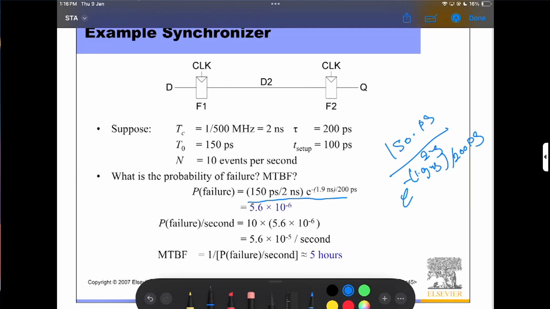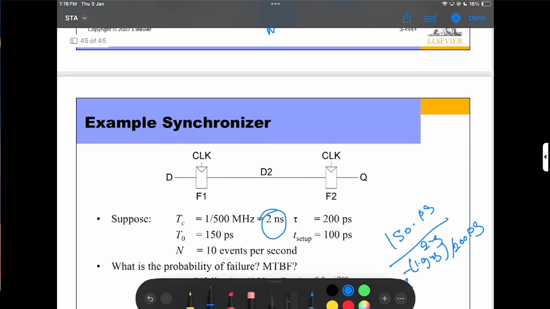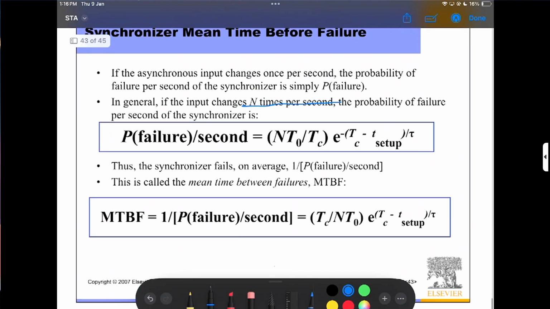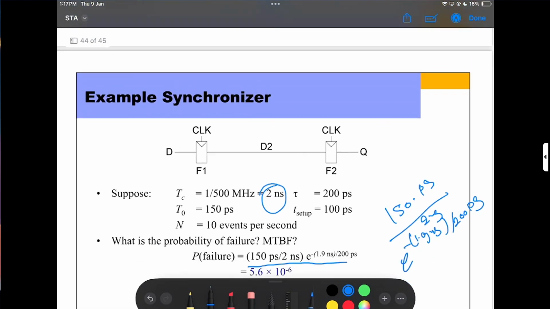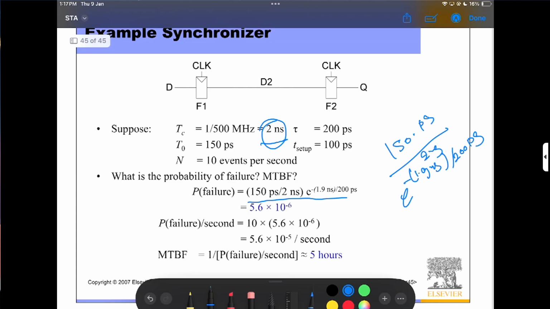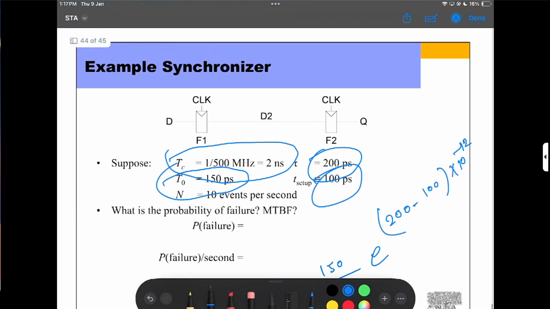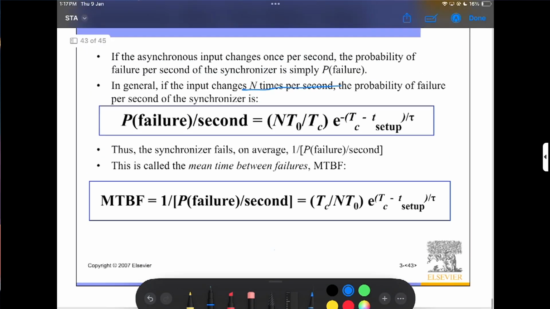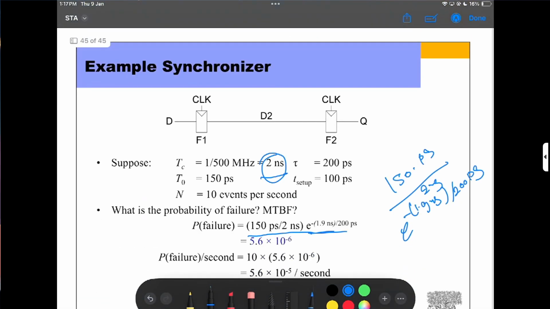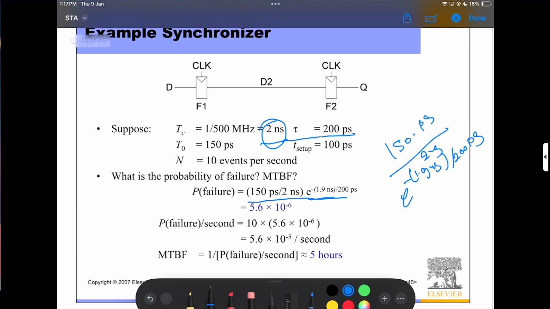Tc is 2 nanosecond, minus T setup, so that is 1.9 nanosecond, divided by tau. Tau is 200 picosecond.